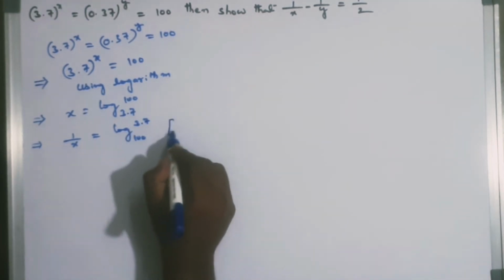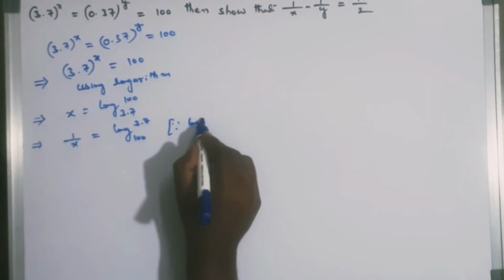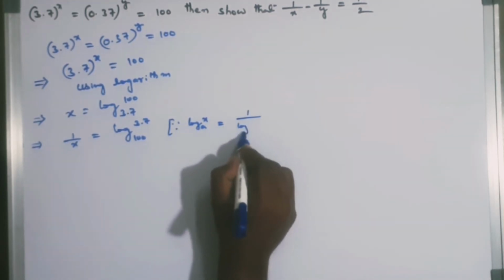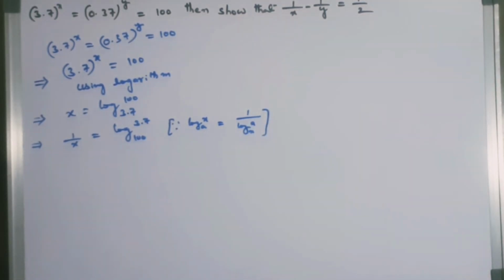Okay, we have the formula: log base a to the power of n of x equals 1 by n of log base a of x.